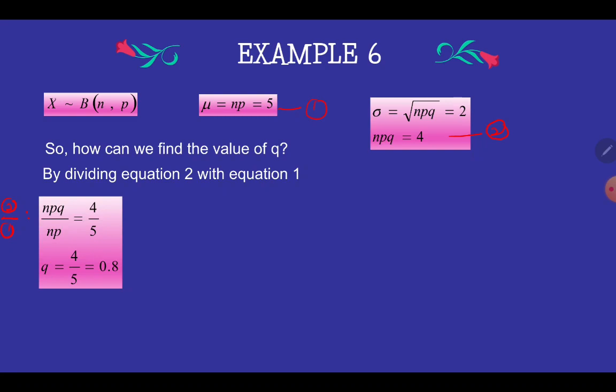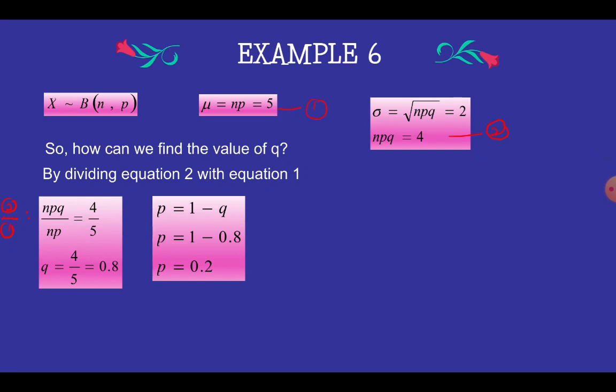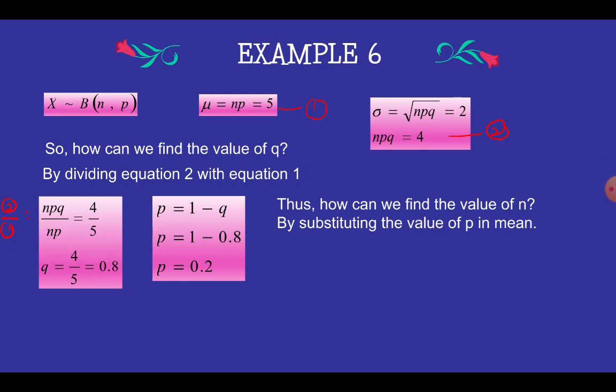Okay, so we have our q. Next, of course, when we have the value of q, we will have our p. So our p will be 0.2. So now we do have p and q. So how can we find n? In order for us to find n, of course, we need to substitute the value of p in mean. Okay, because mean is equal to np.